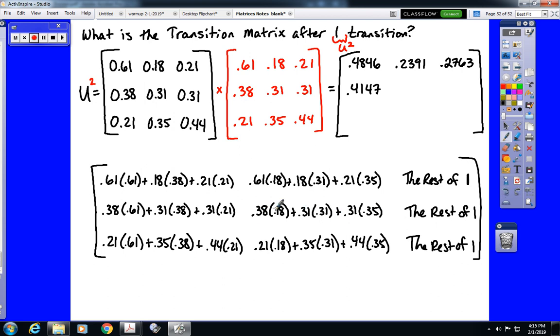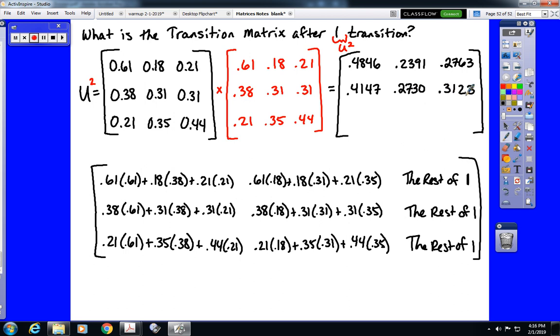I'm going to put that in next. 0.38 times 0.18 plus 0.31 times 0.31 plus 0.31 times 0.35 is 0.2730. And then we're going to subtract both of those from 1, which is 0.3123.